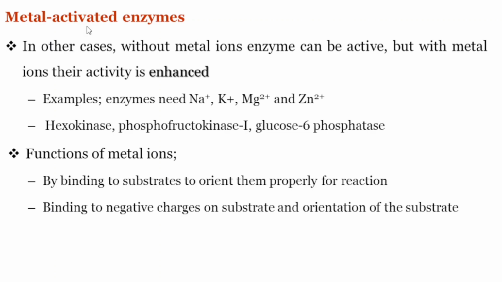The metal activated enzyme is the enzyme which by itself is active, but when we add the metal ions, their activity will be enhanced. Examples are enzymes that need sodium, potassium, magnesium, zinc. These are metal activated enzymes.